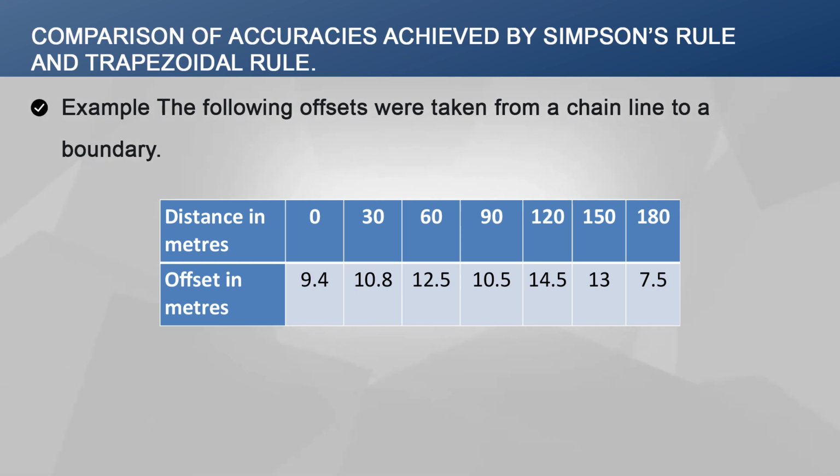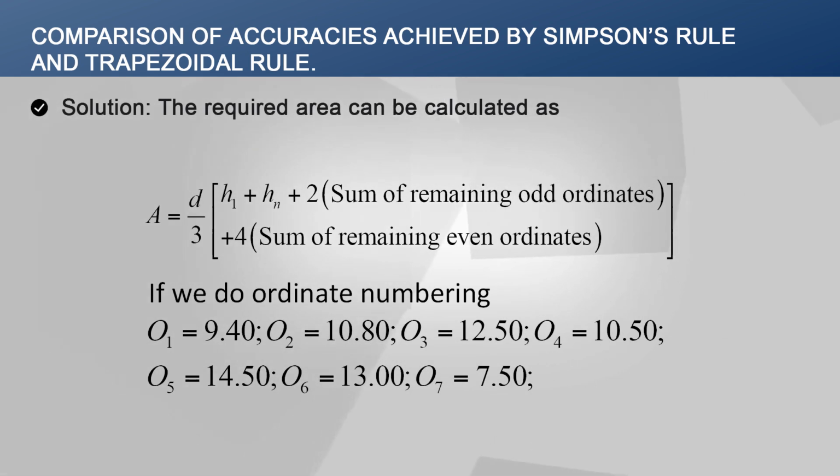At distance 90 meter, offset is 10.5 meter. At distance 120 meter, offset is 14.5 meter. At distance 150 meters, offset is 13 meter. At distance 180 meters, offset is 7.5 meter. Compute the area included between the chain line and the boundary by the Simpson rule.